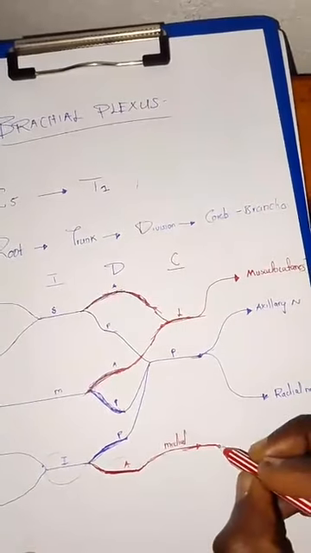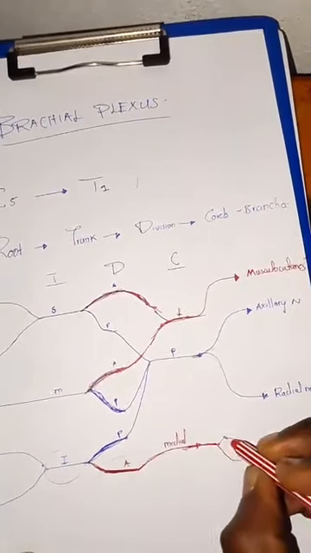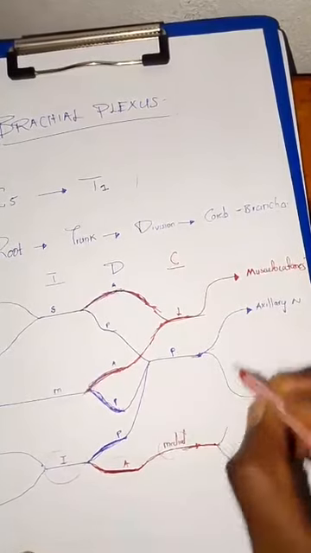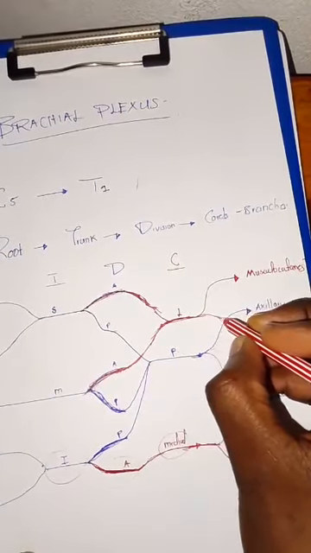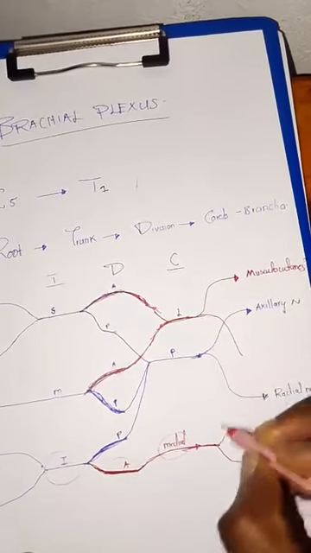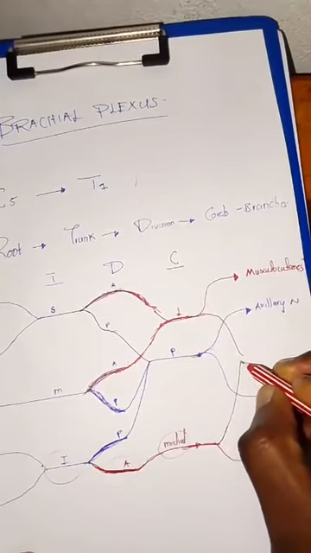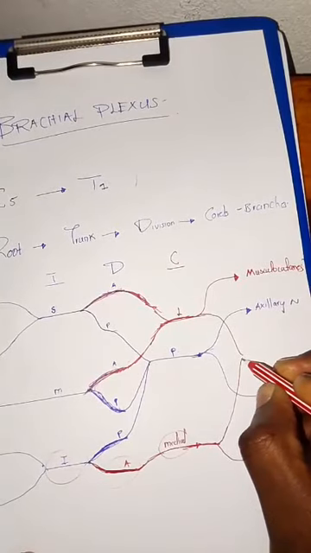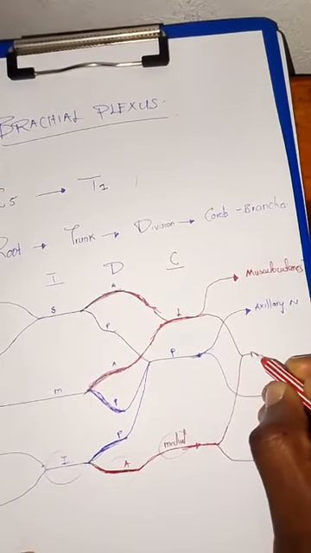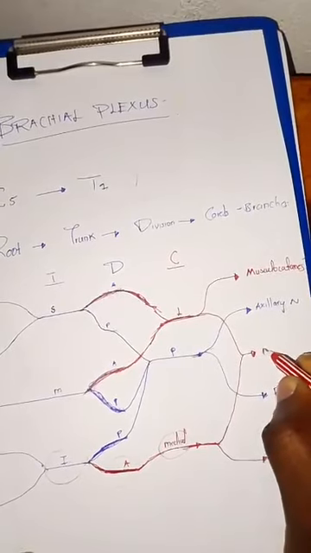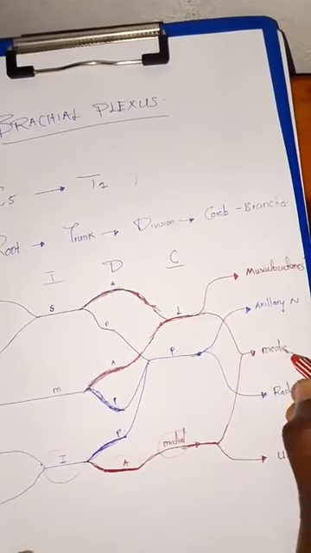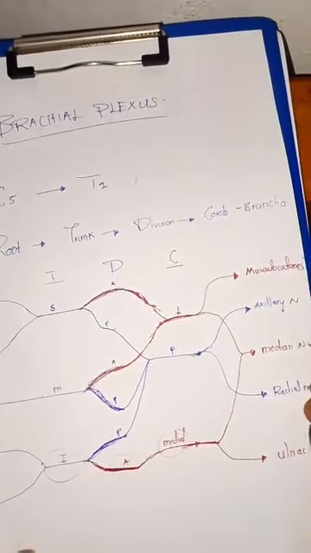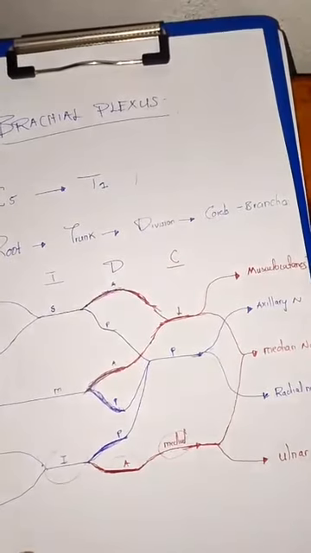Then you're going to find that one branch from the medial chord and the other branch from the lateral chord are going to come and join together. And as they join together, they are going to form one nerve, which is known as the median nerve.